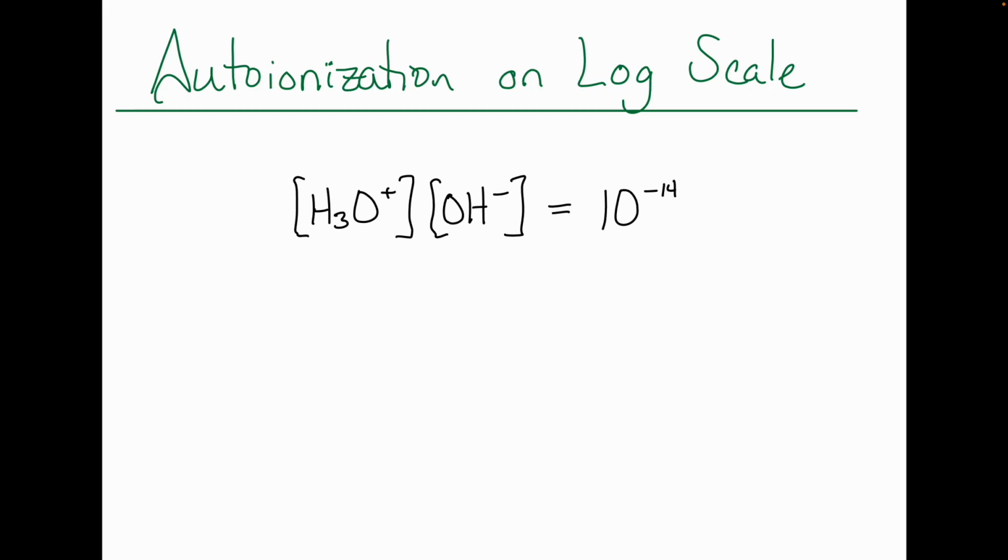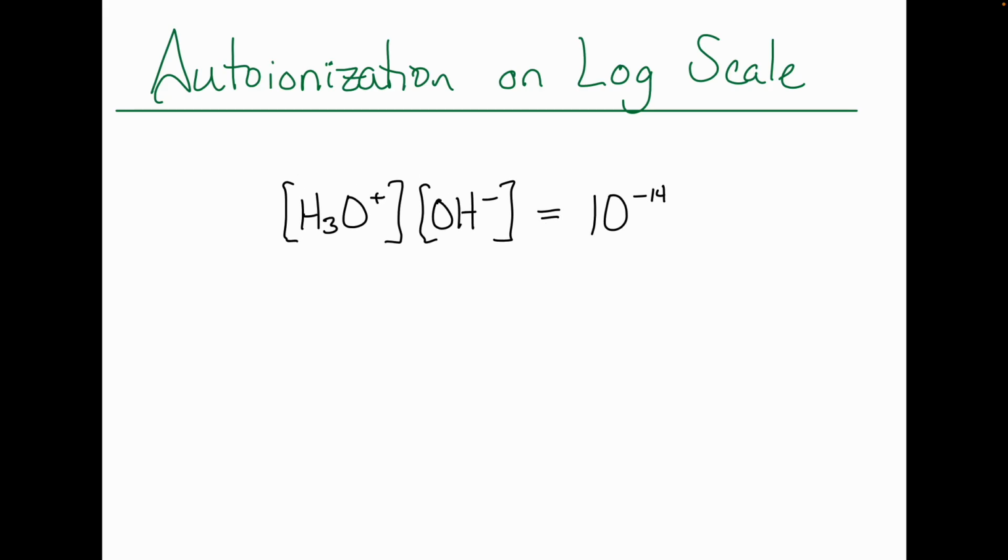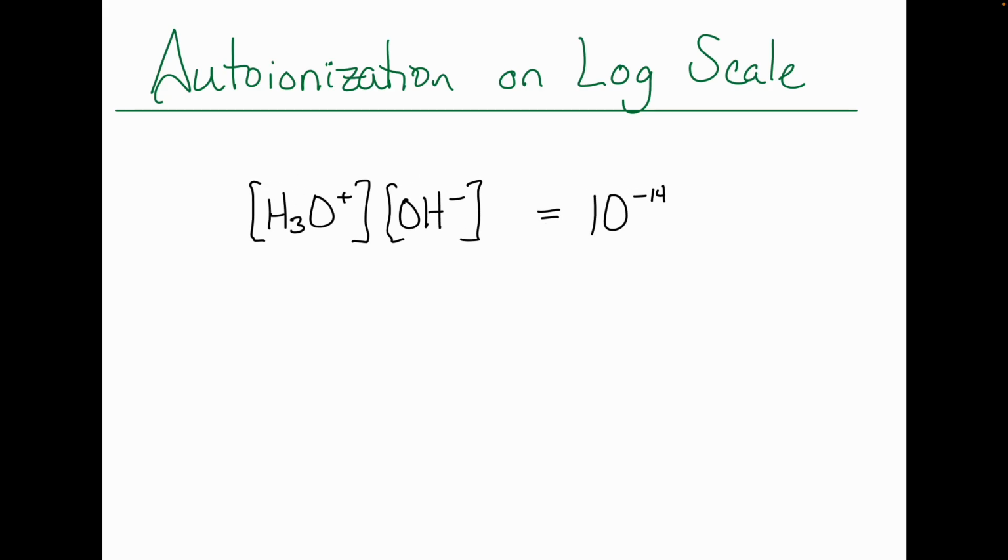What do I mean by that? I mean I have this auto-ionization relationship. Talking a lot about logs here. So we're just going to take this equation and we're going to do a bunch of algebra to it. Remember I can do anything I want to this equation as long as I do it to both sides. So what I'm going to do is take the log of both sides of this equation.